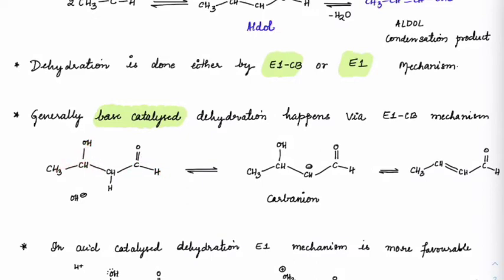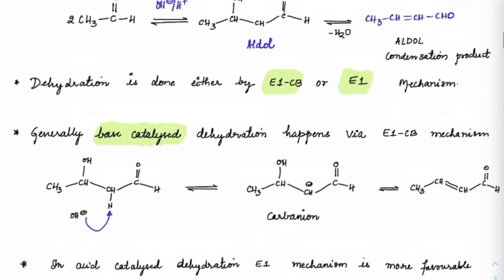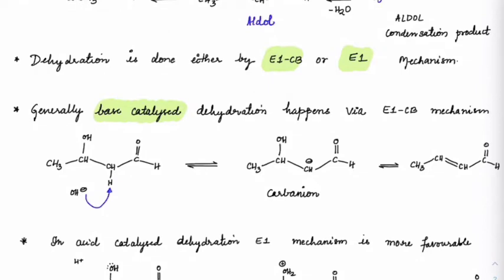In the alcohol, if it is base, the base will extract the proton from the alpha position and form a carbanion. The reason for carbanion formation is that this C double bond O will help in resonance stabilization. You remember that this is how the E1CB mechanism is preferred. So it is going through E1CB mechanism, forming a carbanion.